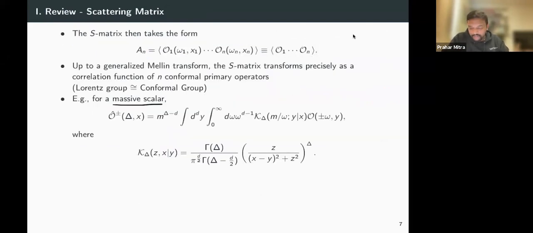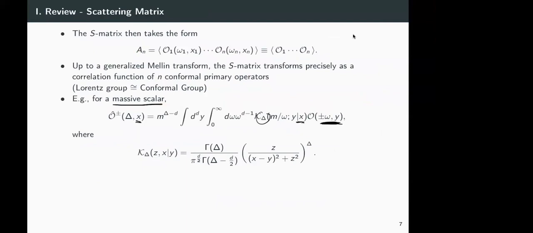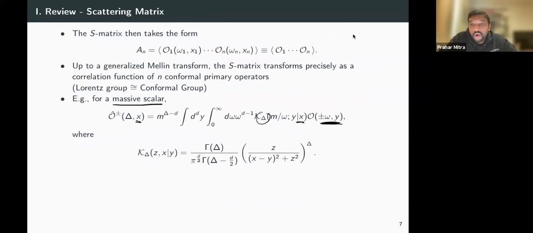So you use the bulk to boundary propagator to map an operator that's living in the bulk of AdS to the boundary, which depends just on a point X. And then there's an extra delta, which tells you the scaling dimension of it. So if you want to prepare one massive state with a particular momentum, you would have to smear it over all delta.